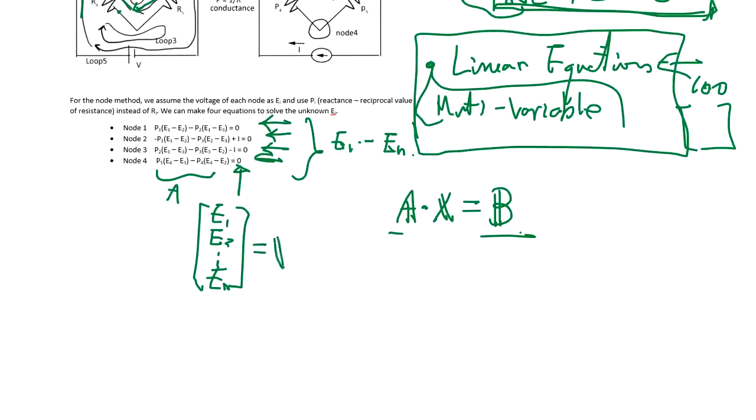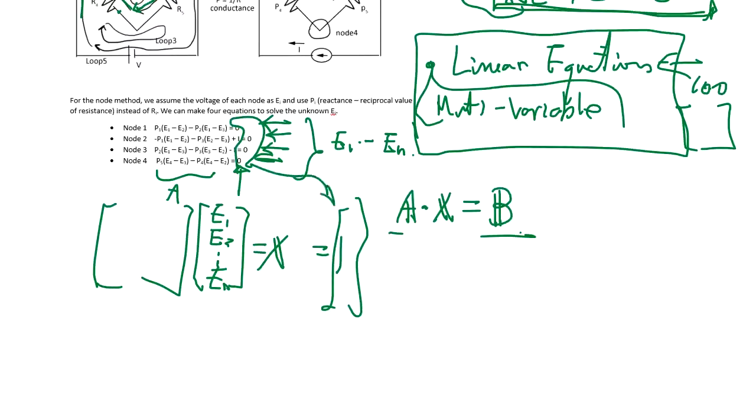That's X. And A we create from this equation, and B is going to be from this. Okay, so we can solve the equation quickly if we know the inverse matrix of A.